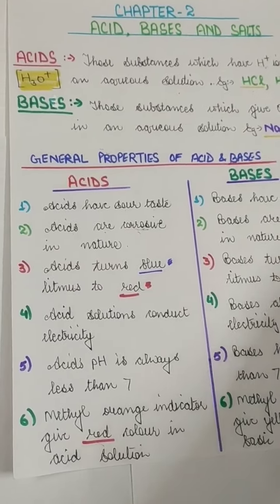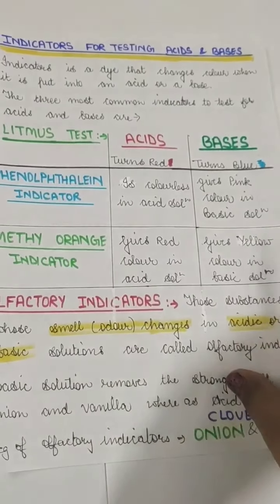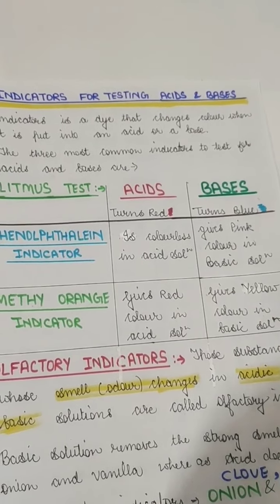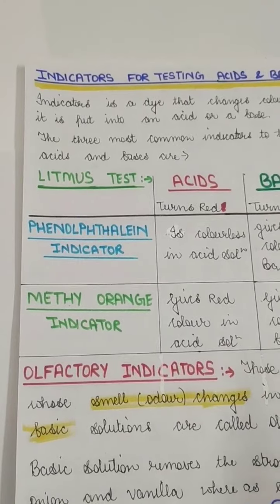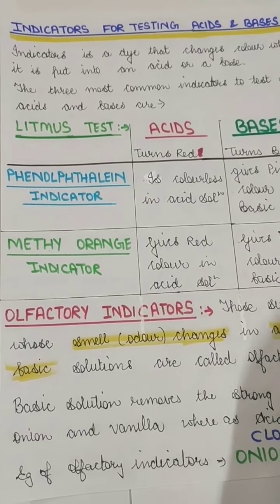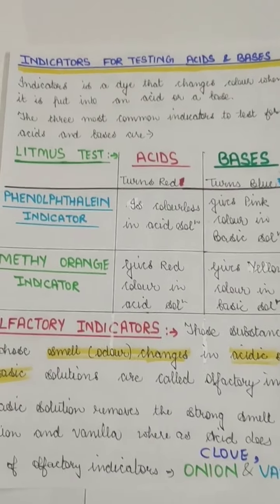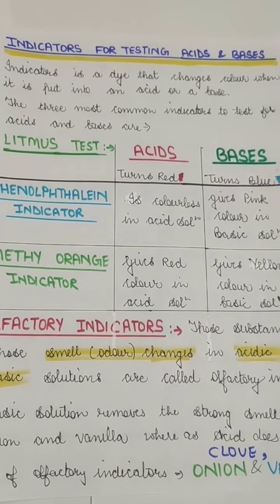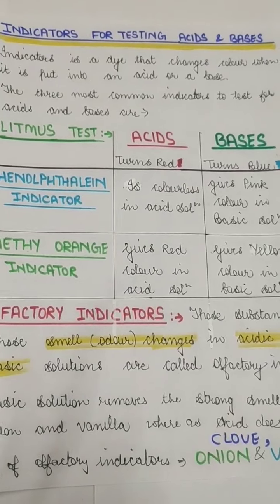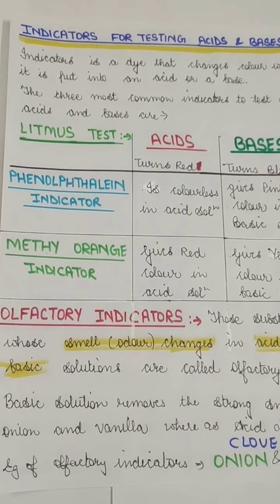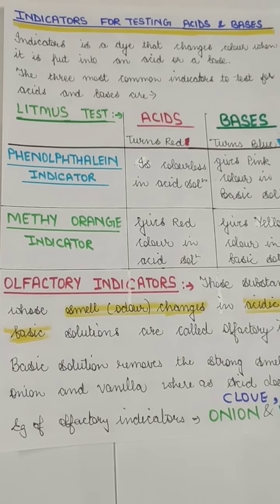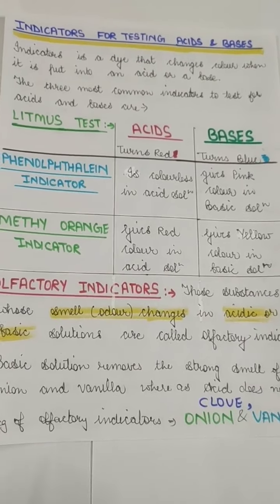Indicators are those things which are used to check, detect or identify acids or bases. Basically they are a kind of dye which changes the color of the solution when acids or bases are mixed in it.